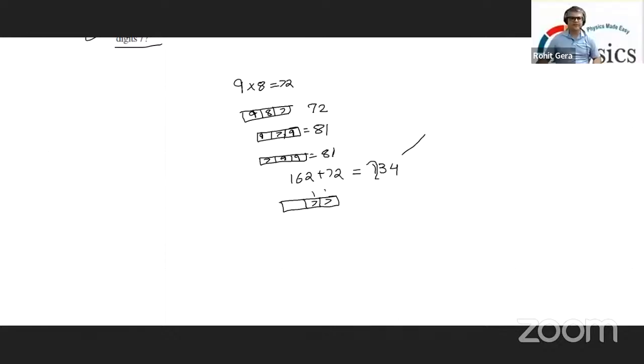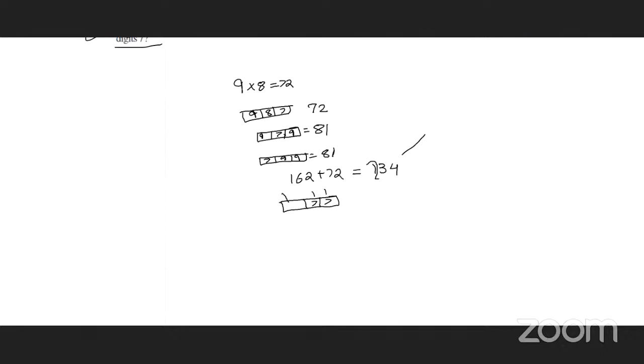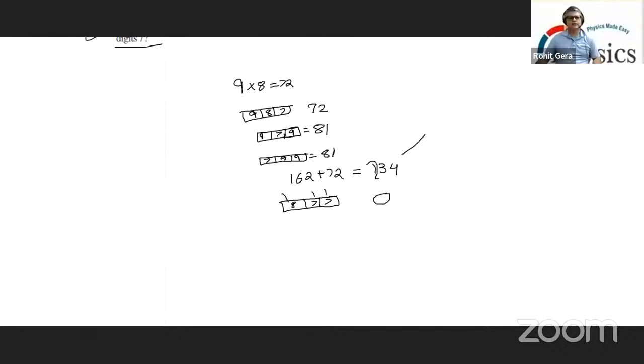Here you can't have a 7 and a 0. So 8. Okay, this will be 28 I think. No, wait a minute.